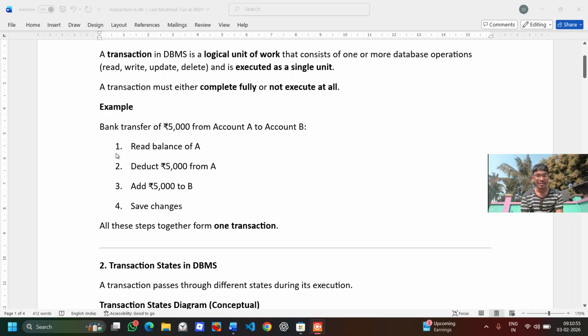Example: bank transfer of 5,000 from account A to account B. First, you have to check the balance. If there is 5,000 or more than 5,000, you can send.